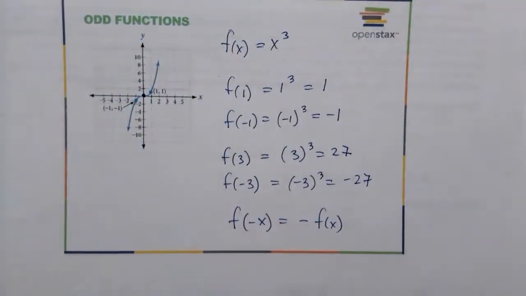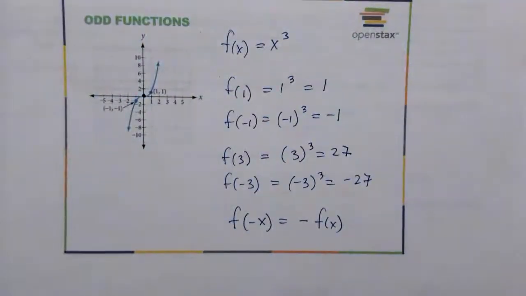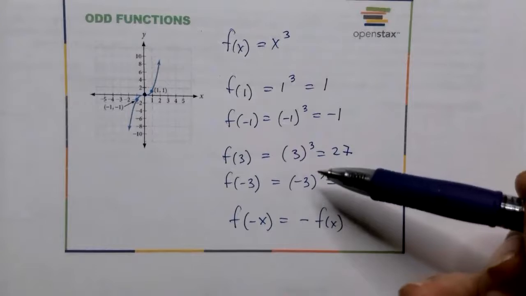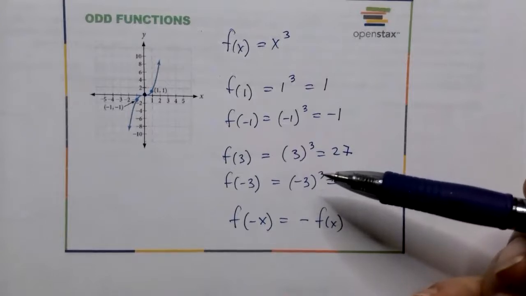So it's symmetric about the origin, rotated 180 degrees about the origin. Okay, so what kind of symmetry can we see with trigonometric functions?